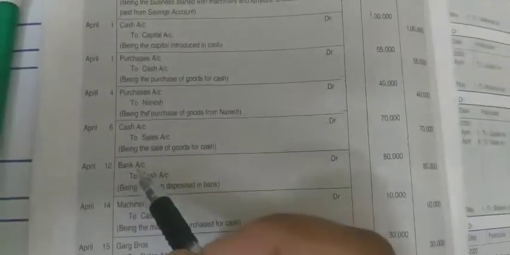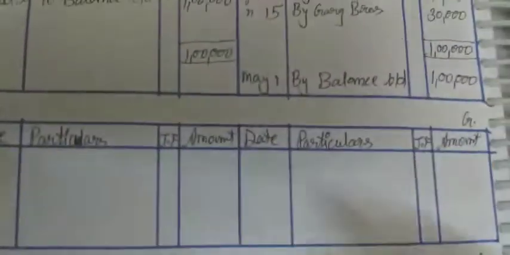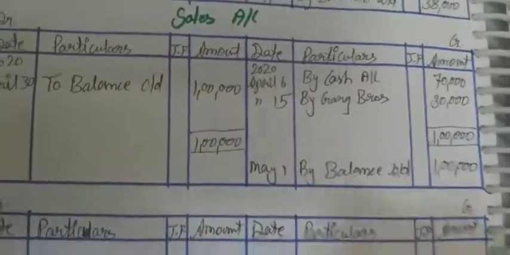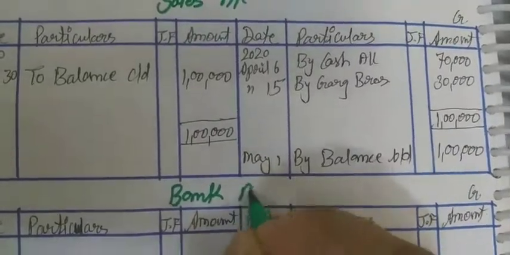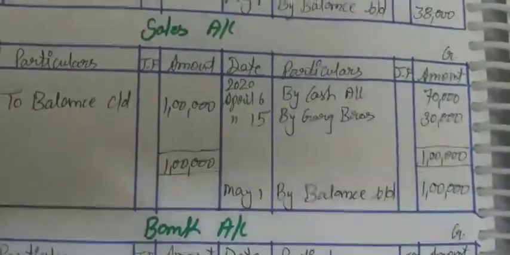Okay, after the sales account, now we need to prepare the bank account. Sequentially, so student, the format I have already prepared. Now I only have to show the bank account as a head.